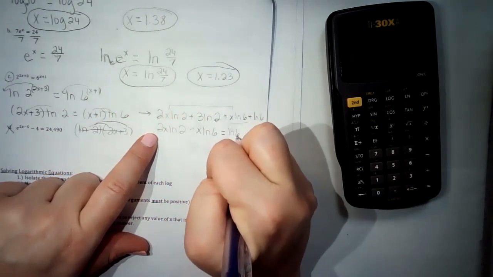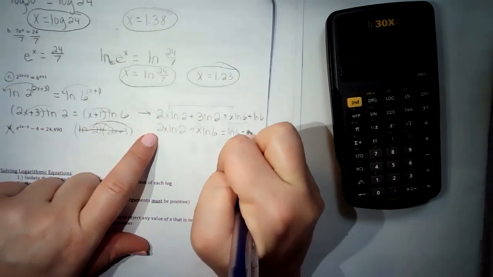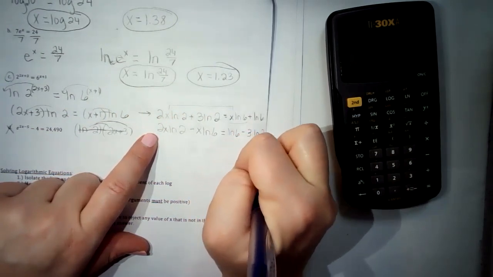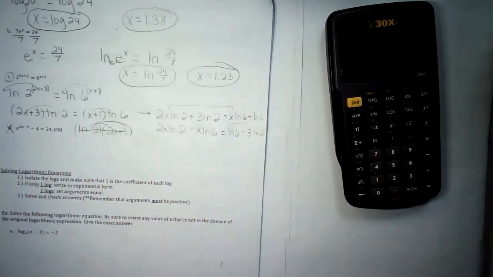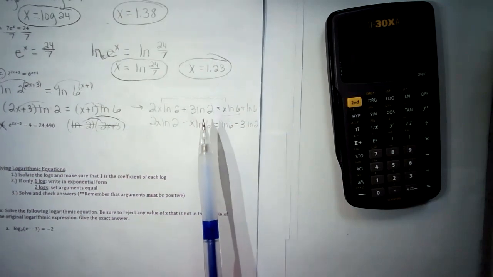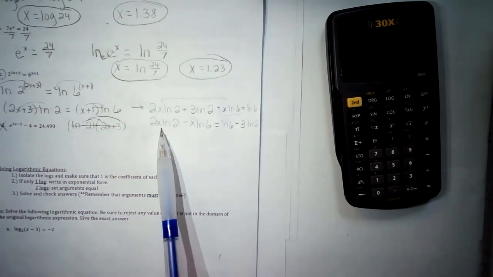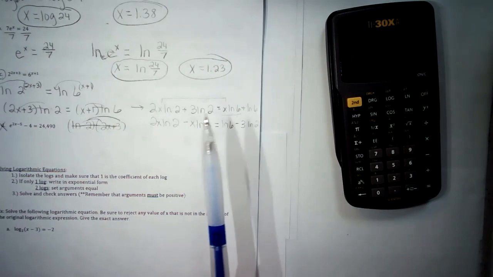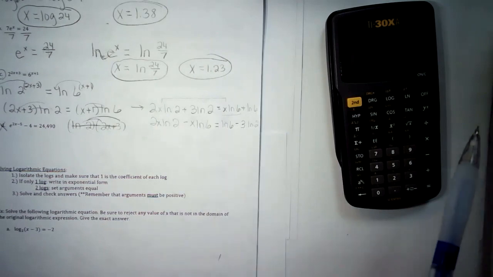And that leaves me with ln of 6 over here, and I'm going to subtract the other term over to here. I know that I did that in one giant step. If you want to separate it into 2 or 3, you can. But what I did is I put both x terms on one side, and I moved the other 2 terms to the other side. I just scooted them over. Everybody okay with that? All right. That was the hardest part.